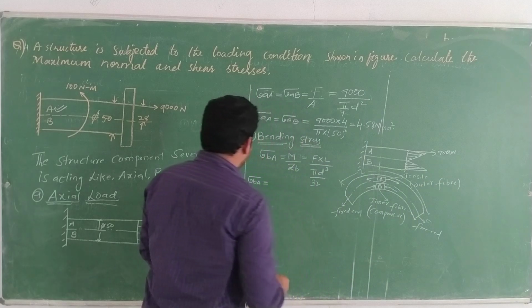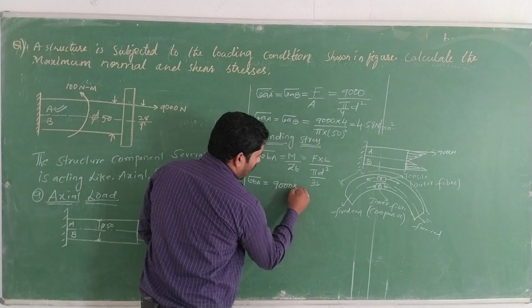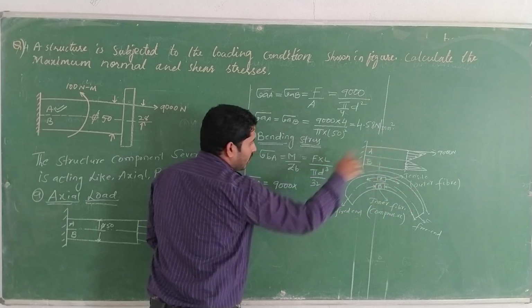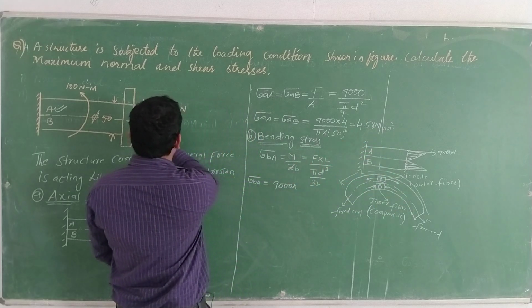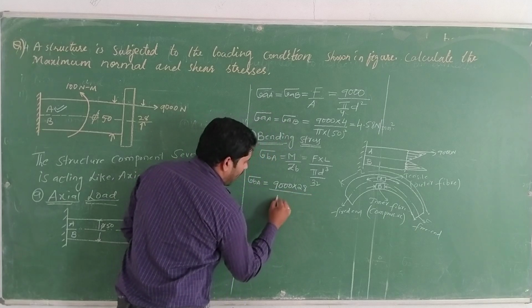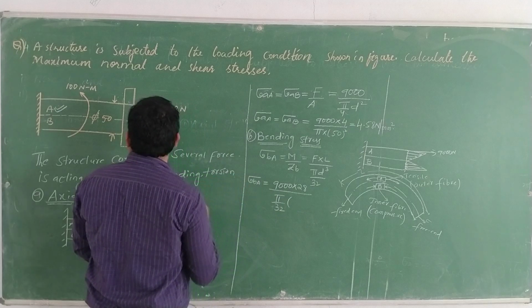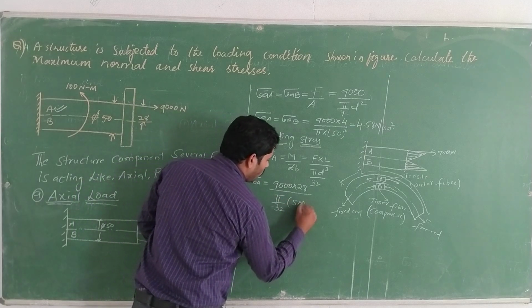Is it right? Then you have to represent the force we applied on this overall beam. How much is the length? Length is 28. Then pi by 32, and the diameter is 50, whole cube.